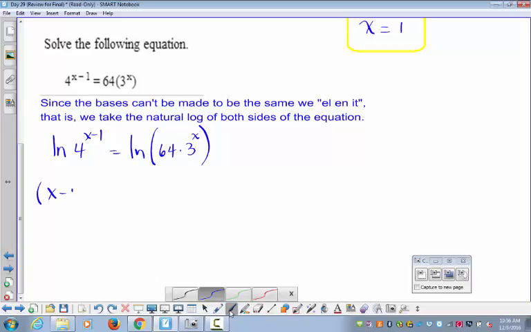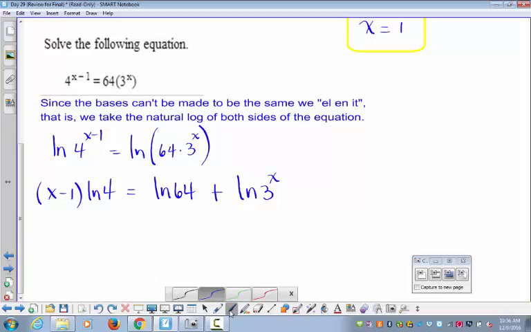Common mistake here, make sure you wrap that exponent as you bring it down because the ln of 4 needs to be multiplied by both those terms. Make sure you wrap that up. On the left, we're going to do ln of 64 plus ln of 3 to the x. So that's the product rule for logarithms.